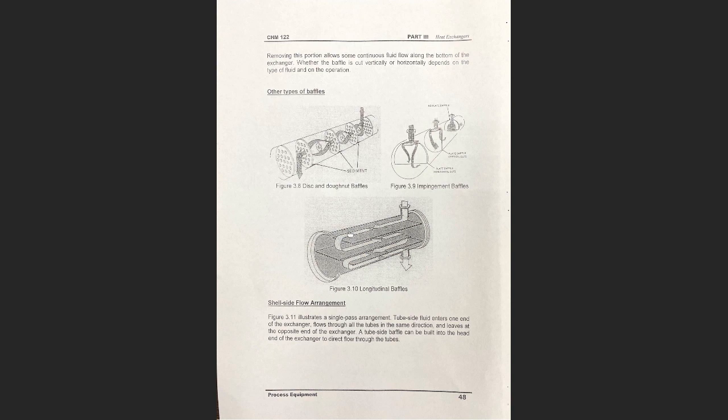The fluid enters from here, then returns a second time, a third time, and then a fourth time before it exits the heat exchanger. Using the multiple passes, guys, you will see that the heat transfer area is actually much larger.